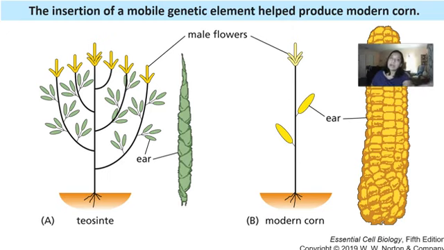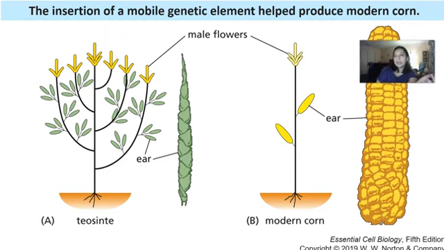Now, this can obviously cause some deleterious effects, but it can also be helpful in some cases. Insertion of a particular mobile genetic element allowed us to duplicate certain portions of the genes and of the genome in the original corn plant to give us these really plump seeds of modern corn, as opposed to an ear of corn from the original corn plant, teosinte, which looked very different and did not have the same plump, juicy seeds like the modern corn does.